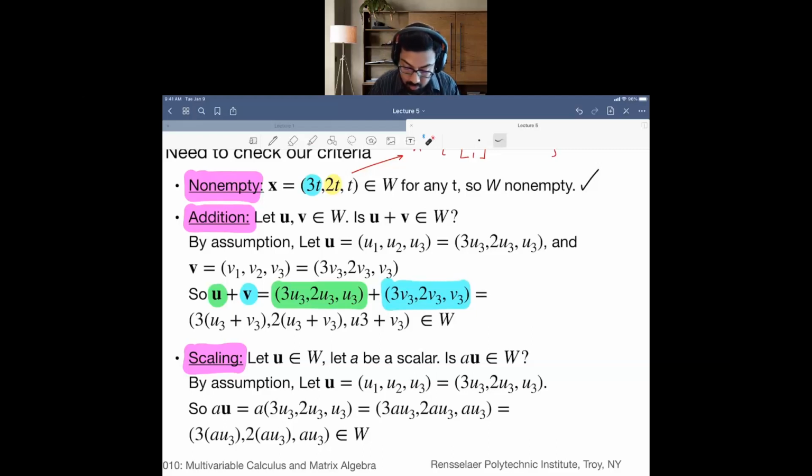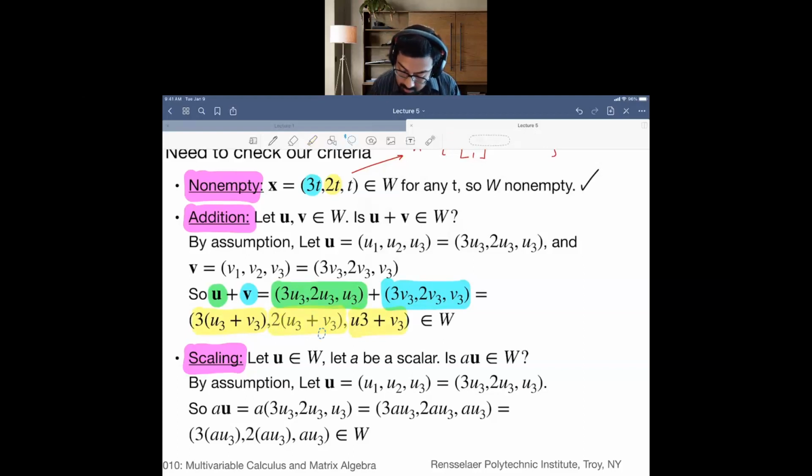I'm adding over here 3u3 plus 3v3. I get that. Then for the second component of the result, u plus v, I get 2u3 plus 2v3. And then u3 plus v3, I get that. Now, if you take a look here, let's observe this. I've got this to be my first component, second component, and third component, right?